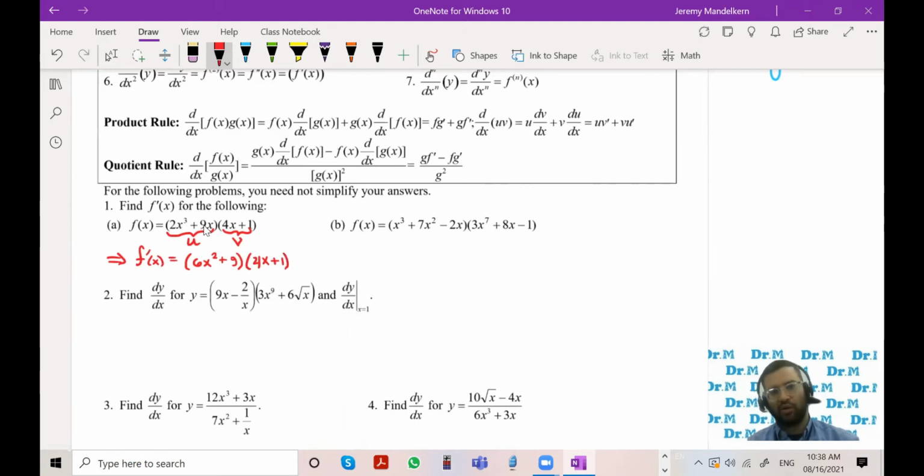So I've knocked out this term right there, and we're going to add what is v prime times u. So that will be 4 multiplied by u as it is. So that's 2x cubed plus 9x. And with that, we've knocked out this term and we are done.